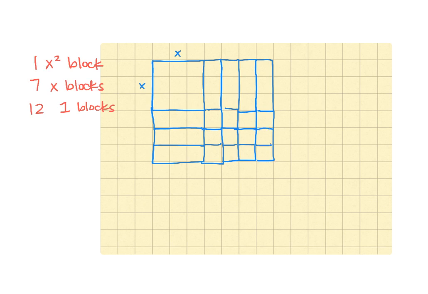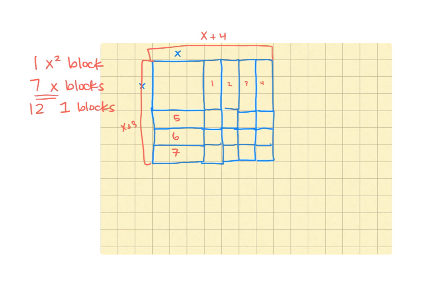But what works about this here is that this side is X plus 4. This side is X plus 3. Notice we have the 1 X squared block, and then we have 1, 2, 3, 4, 5, 6, 7 X blocks, which is exactly what we needed.